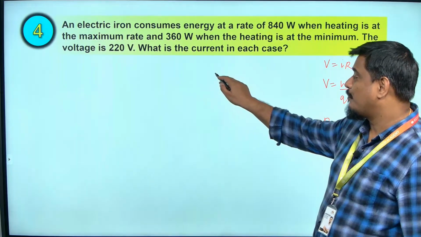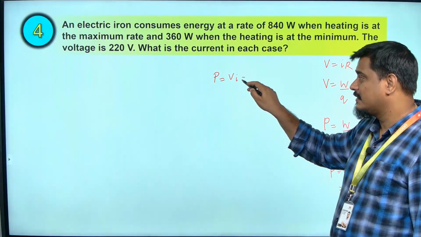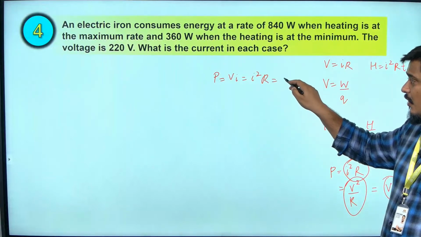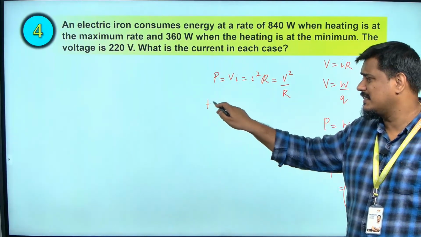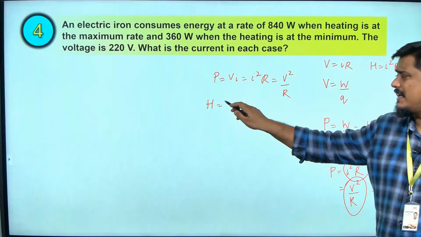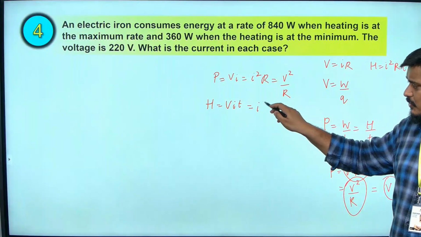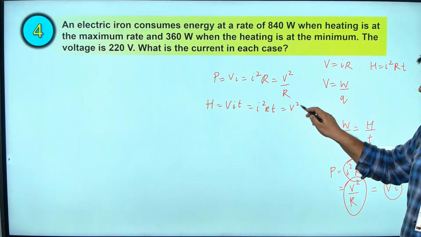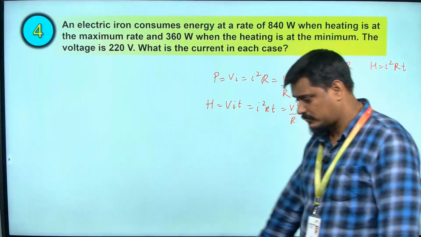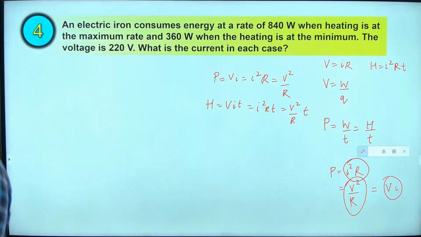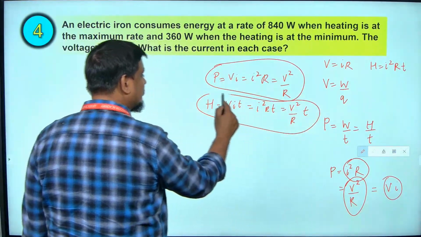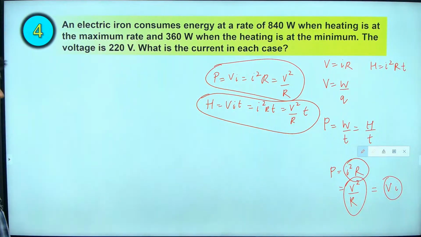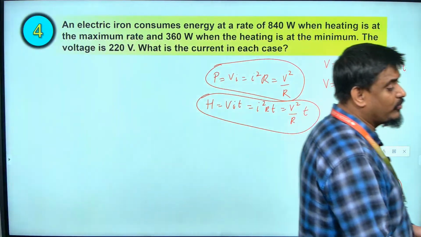So for power we are using three formulas: VI, I square R, V square by R. And for heat we are using anything multiplied by T, that is VIT, I square RT, V square by R into T, isn't it? So these are the formulas for power and these are the formulas for heat energy. Anything which helps you, you can use that formula.